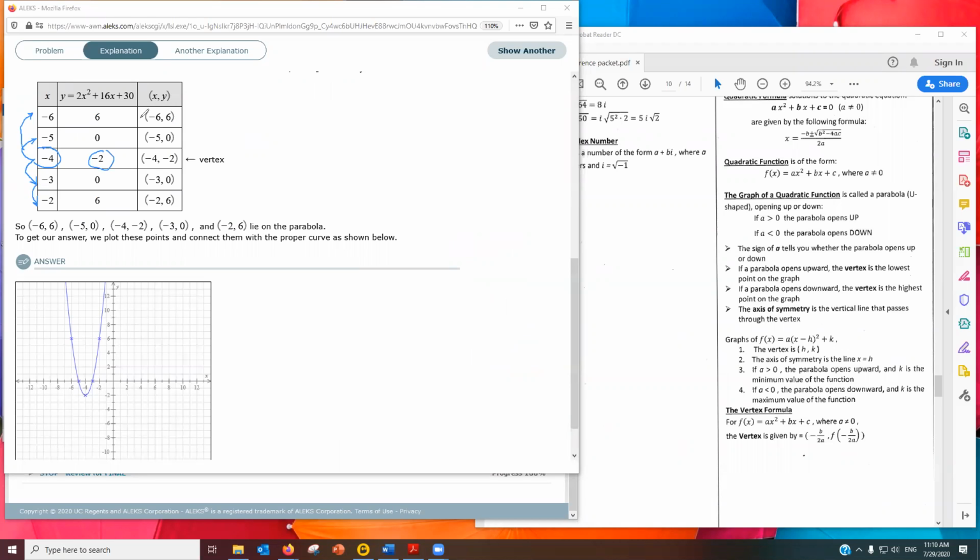You'll end up with these xy values. Plot these on the graph, and you'll be able to graph this in Alex. It makes sense that this graph is opening upward, because if you think about it, the a value here was equal to 2. And if the a value is positive 2, you know the graph opens up.